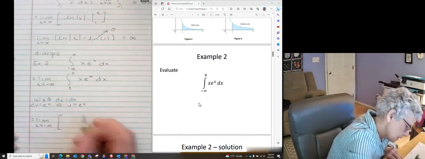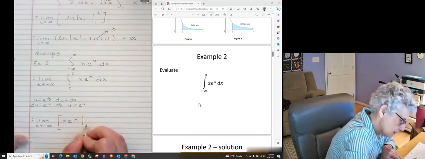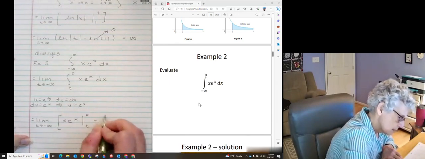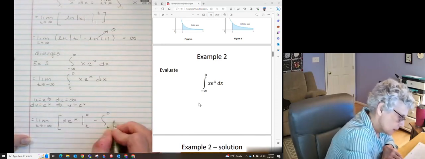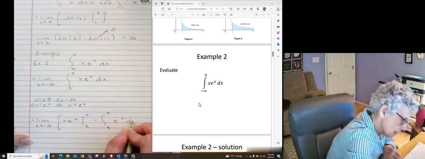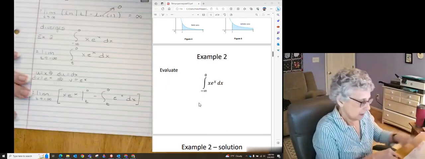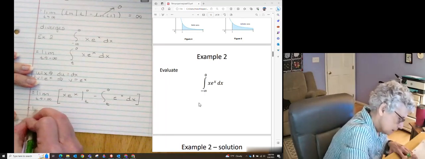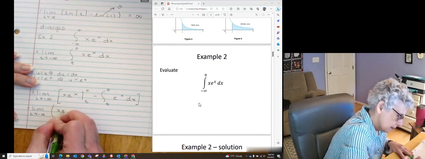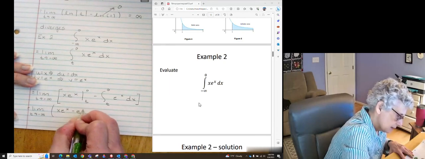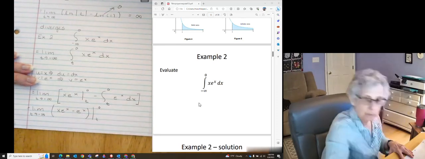So x e to the x evaluated from t to 0 minus the integral from t to 0 of v du, so just e to the x dx, equals limit as t approaches negative infinity, x e to the x minus e to the x evaluated from t to 0.